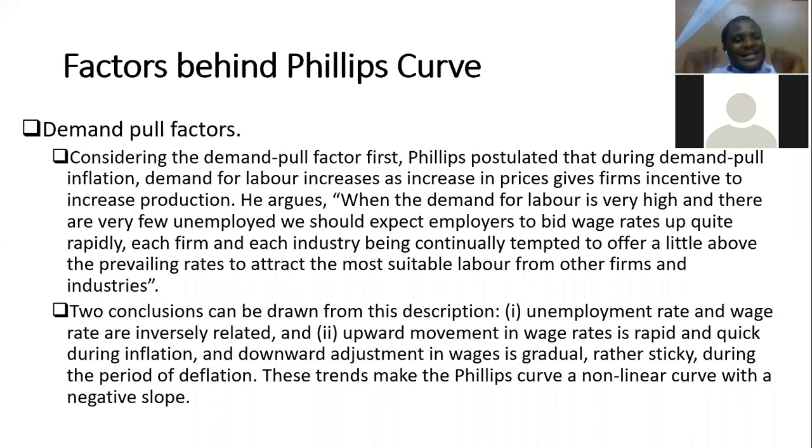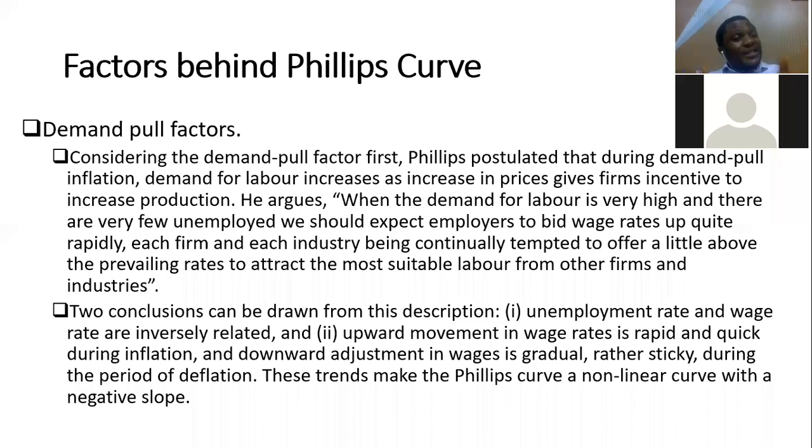Therefore, they identified two principal factors that can be responsible. The first one is the demand pull factors that cause increases in the growth rate of wage. Remember, when I'm talking about increases in the growth rate of wage, it can also translate to increases in inflation.